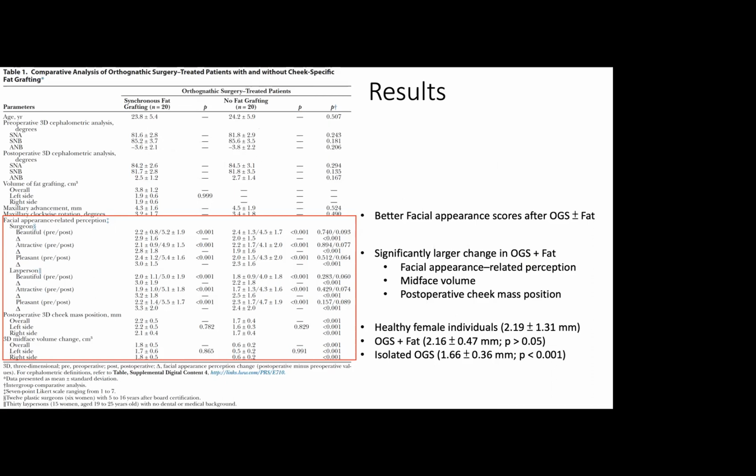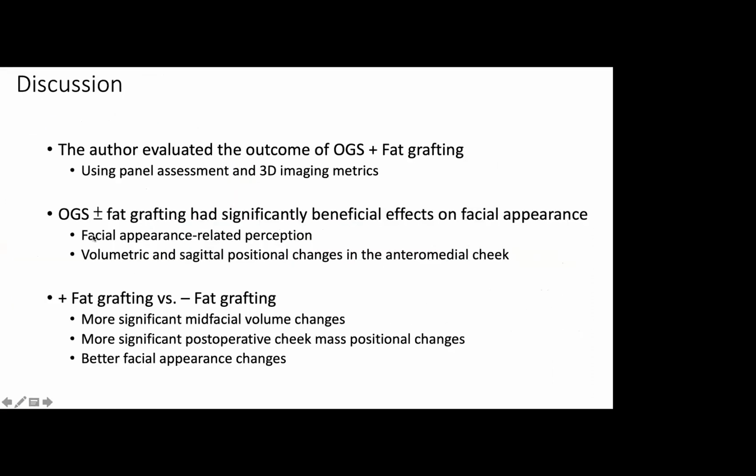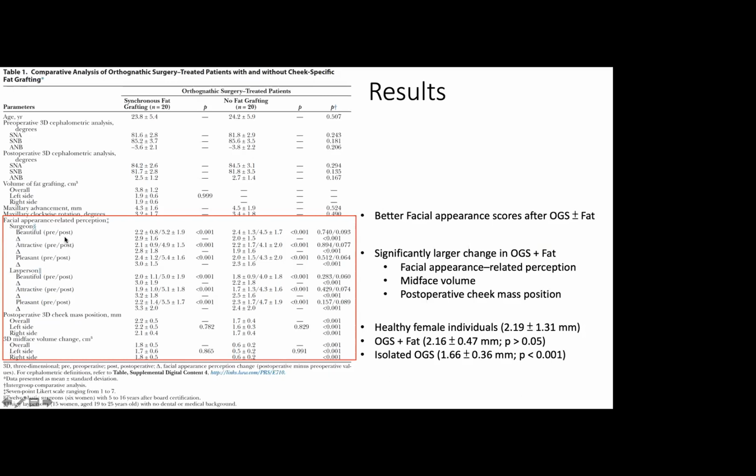And for the results in this table, we can see a synchronous fat grafting group and the non-fat grafting group. Both of these two groups were further separated into preoperative and post-operative conditions.